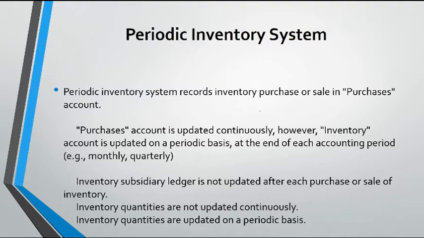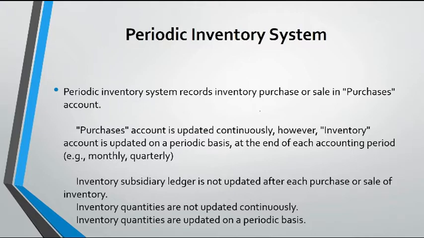So, pag sinabing periodic basis, it is updated at the end of each accounting period na pwede monthly, quarterly, or per year. So, ang inventory subsidiary ledger niya ay hindi nyo laging hawak o hindi lagi siyang ina-update.